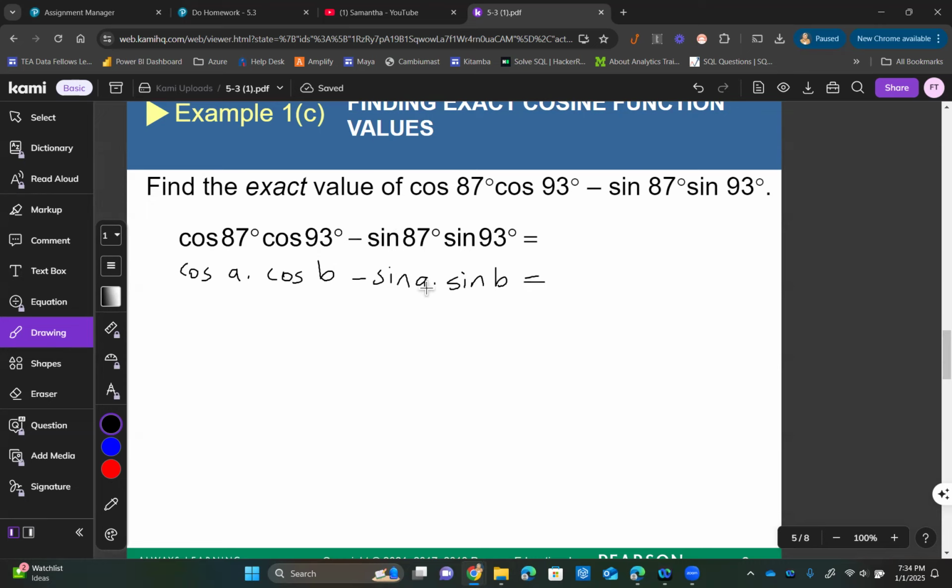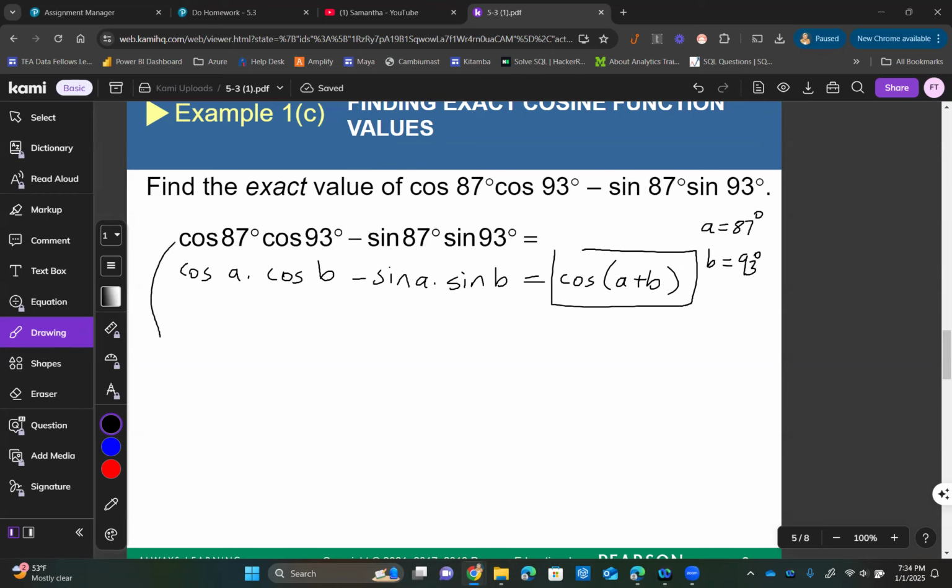And if you remember the previous slides, this is actually cosine of A plus B. So we can just focus on that. This whole long thing is just the same thing as cosine of A plus B, where A is the first angle, in this case 87 degrees, and B is the second angle, which is 93 degrees.